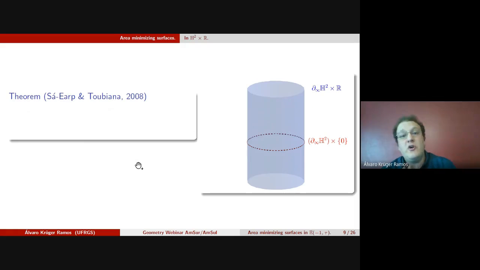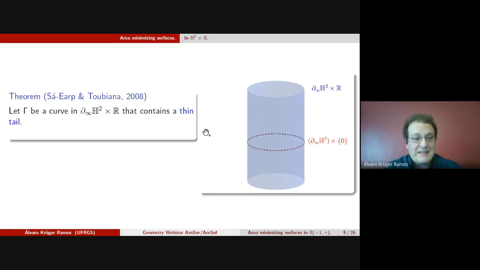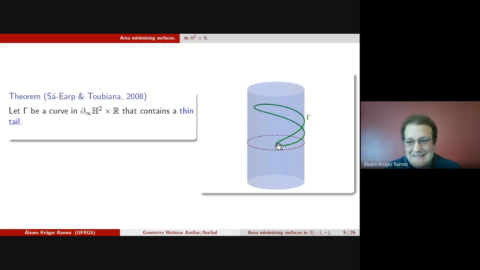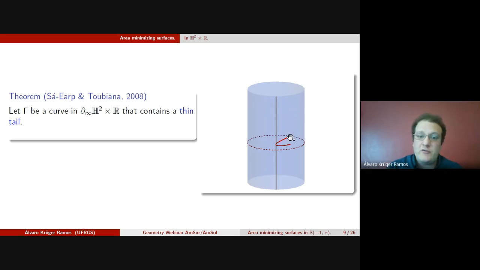You also have non-existence results by Sa Earp and Toubiana, which say that if you have a curve that contains a thin tail, it's this little part of the curve. Here you have another thin tail. Precisely, a thin tail is a part of the curve which stays on one side of a vertical segment, so it has this maximum or minimum of the angle function, but it is also thin.